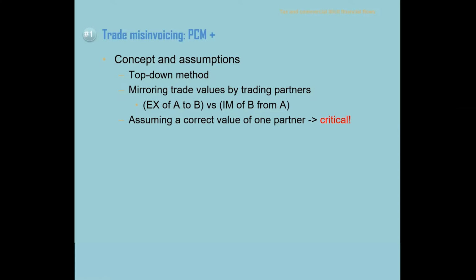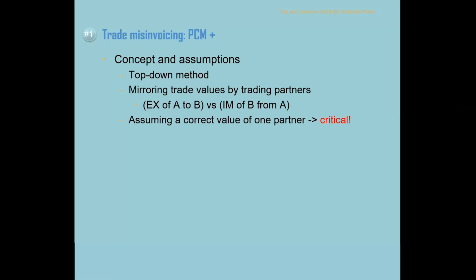The major assumption behind the partner country method is that one of the partners' values is correct. So this means that, for example, country A's records of exports may not be correct, but country B's imports are correctly valued, and therefore any difference between country A's exports and country B's imports would be treated as misinvoicing or similar.